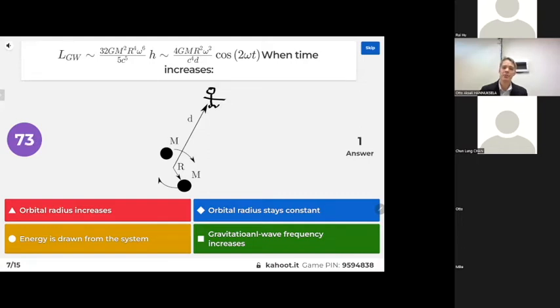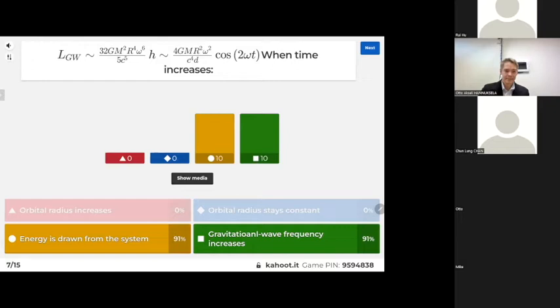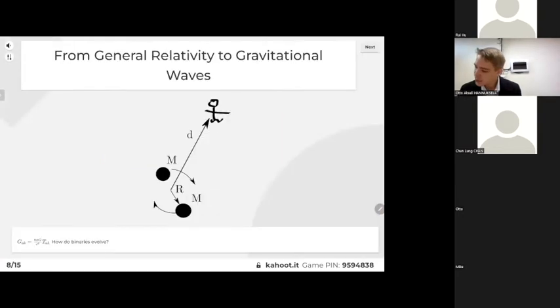This is more qualitative: when a binary object is emitting gravitational waves and it evolves, what actually happens? All right, so almost everyone thinks that the energy is drawn from the system and the gravitational wave frequency increases. I think this is very clear, so I will accept that as an answer.